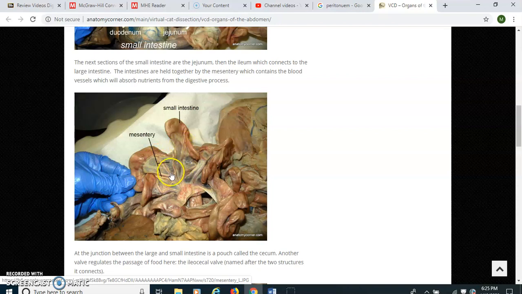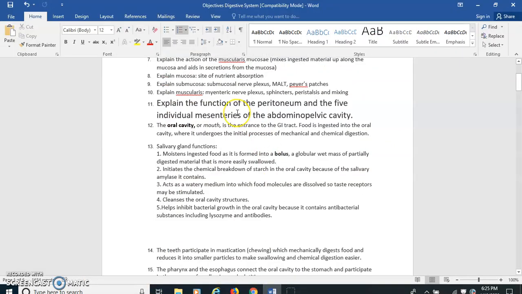Those are the mesenteric arteries and veins running through that, and there's probably nerves in there too. You can't really see them very well, and lymphatics in there too. Those are our mesenteries, and then the peritoneum. Knowing their functions is what you'll need to know for lecture.